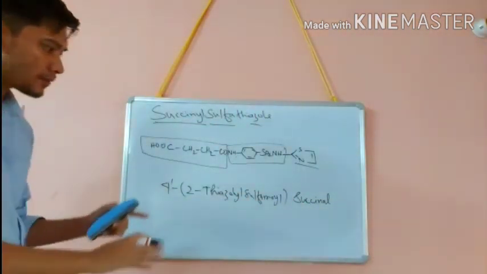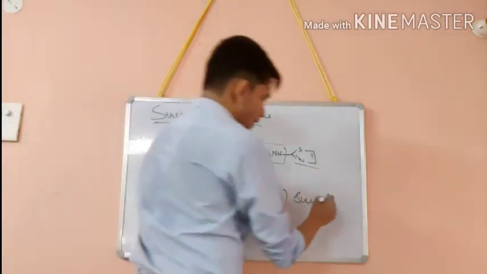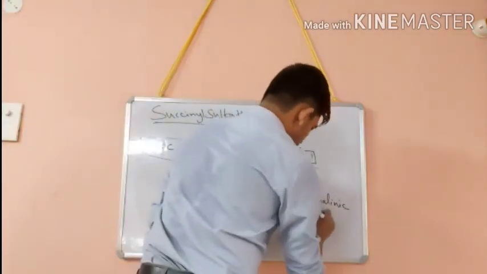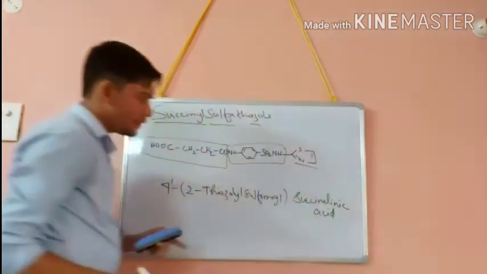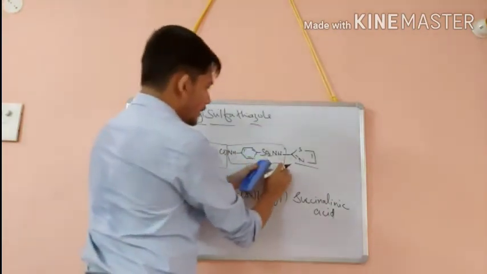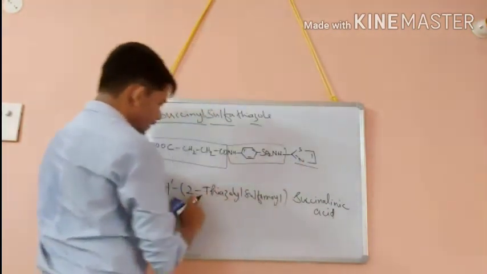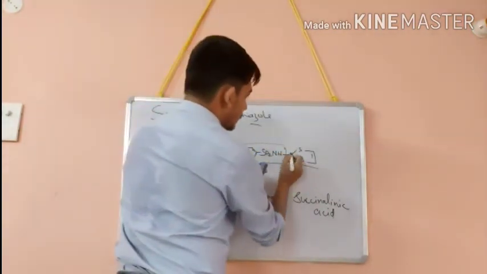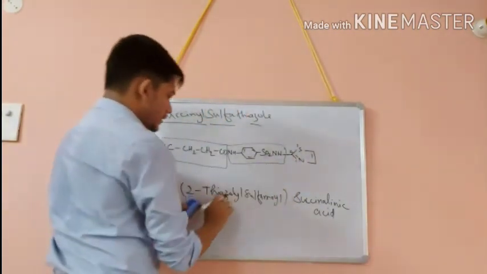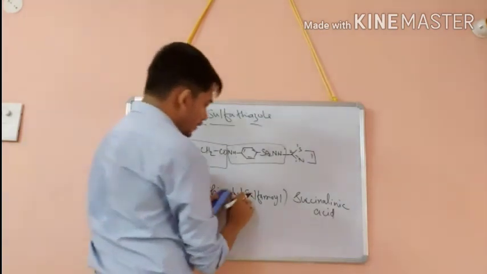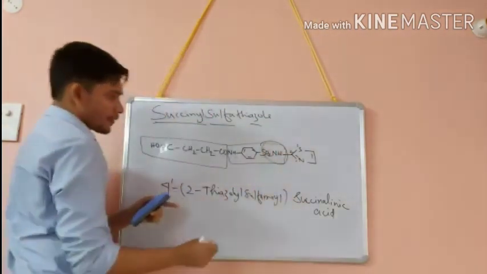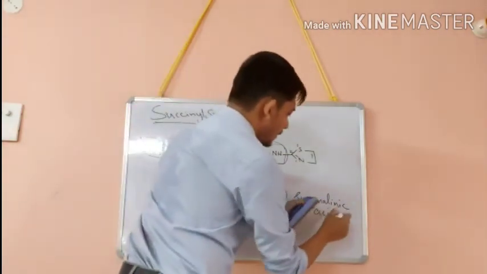Okay, so what will be the name? Succinylinic acid, okay. Why? Because if you see 4 dash here, what is there? In 2 position, 1 2 3, something is there, so 2 thiazolide, then sulfamoil, okay, so this is the sulfamoil, then succinylinic acid.